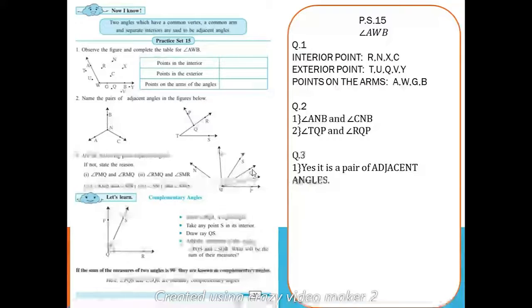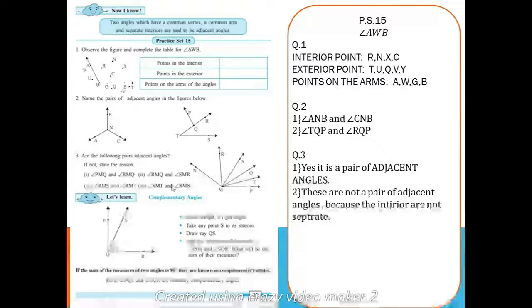It is forming adjacent angles because it is fulfilling the circumstances to form adjacent angles, that is MQ, the common arm. It has a common vertex and also an interior point, that is point Q.